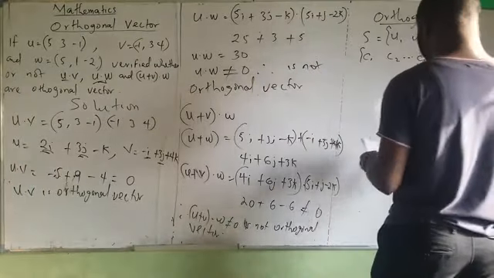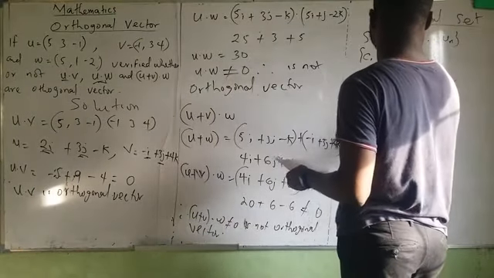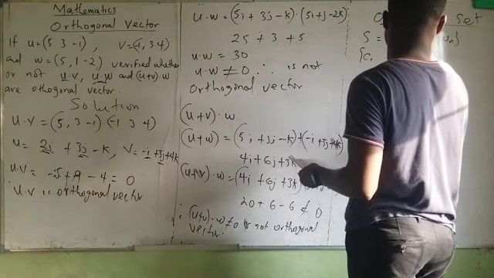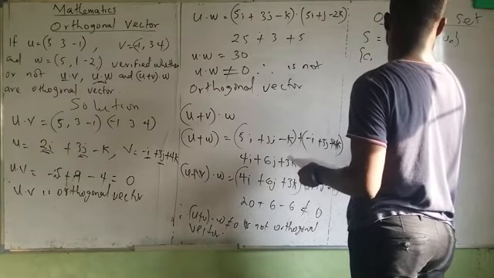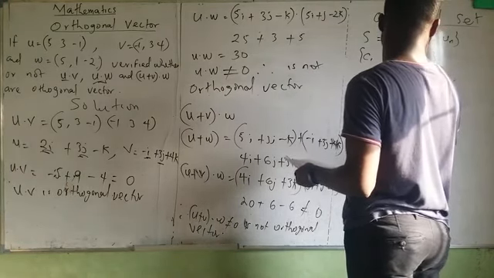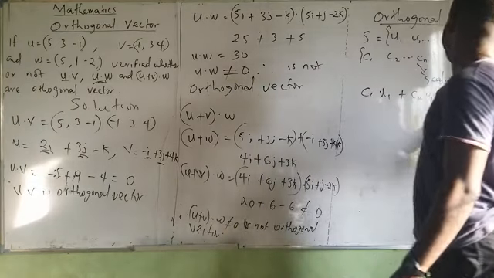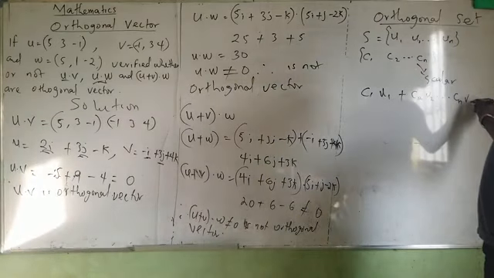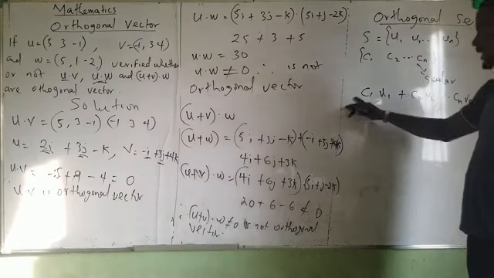Since they are scalars, when you do the linear combination of them, you will be having C1 U1 plus C2 U2 to Cn Un. Yes, that is the linear combination.